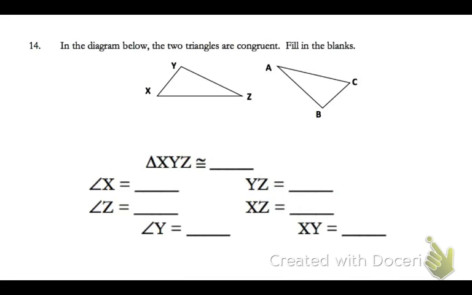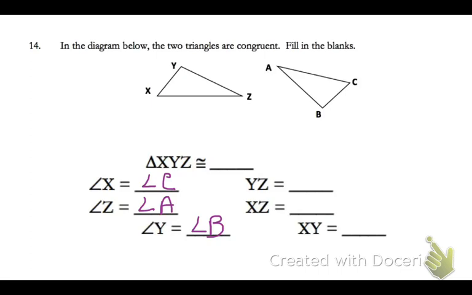So angle X corresponds to angle C. And angle Z corresponds to angle A. Now you're not going to just put the letters, you're going to put angle with it. And angle Y corresponds to angle B.